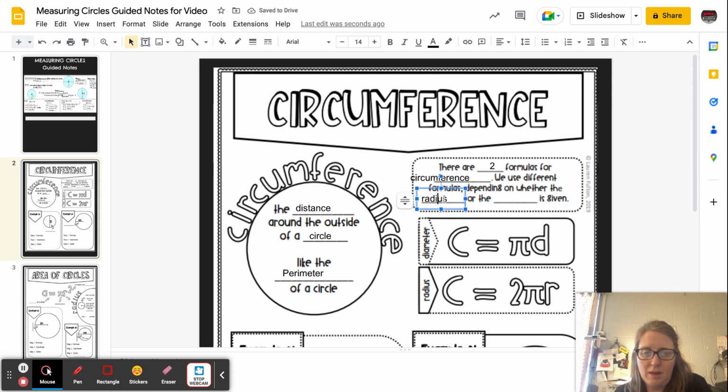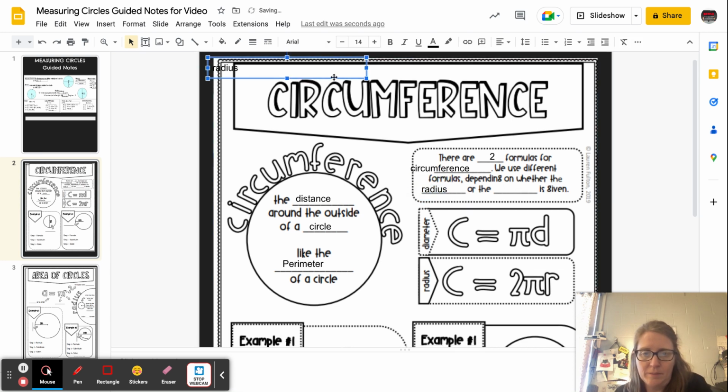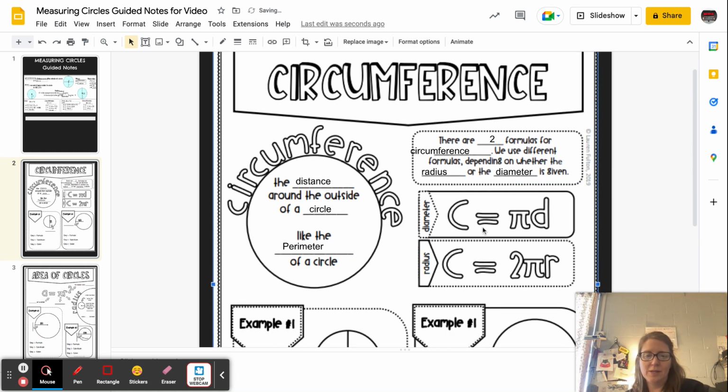Radius, and then this one's going to say diameter. Okay, and here are our two formulas.